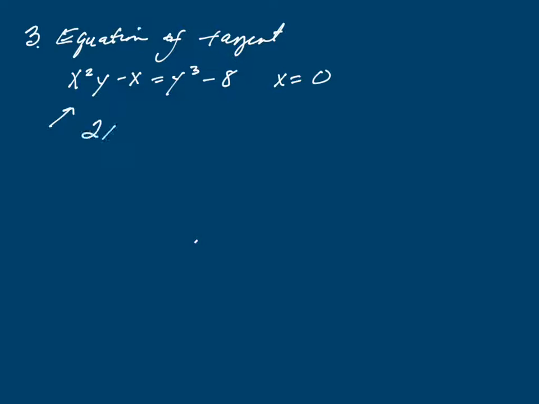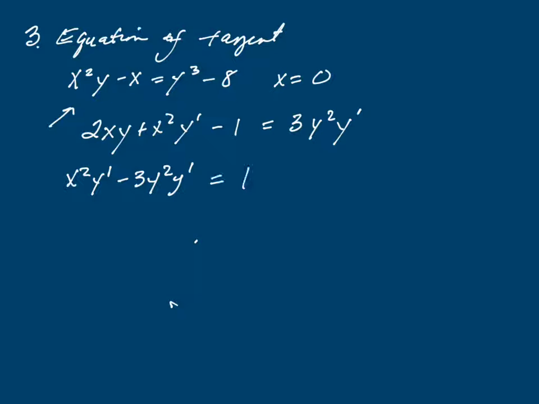This would be 2x, derivative of the first times the second, plus x squared, and then y prime, minus 1 equals 3y squared y prime, and then minus 0. So let's get all the y primes on one side and the other numbers on the other side. So we get x squared y prime minus 3y squared y prime equals 1 minus 2xy.